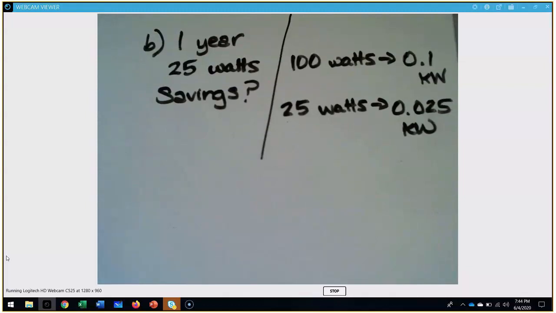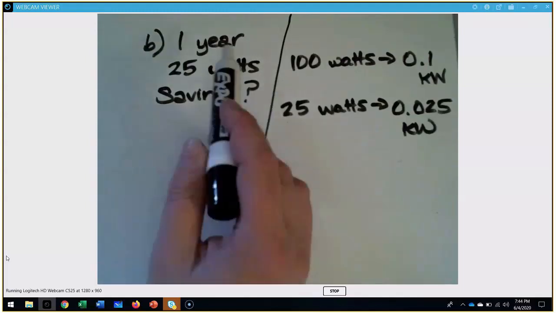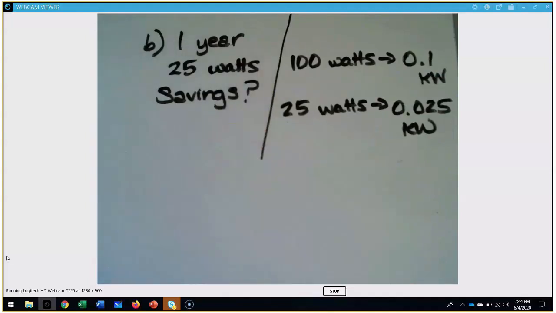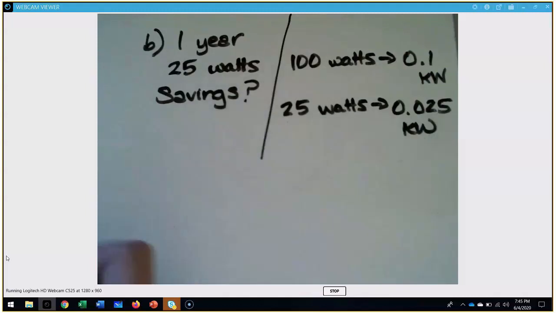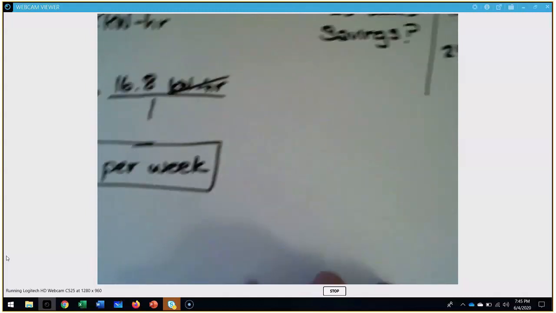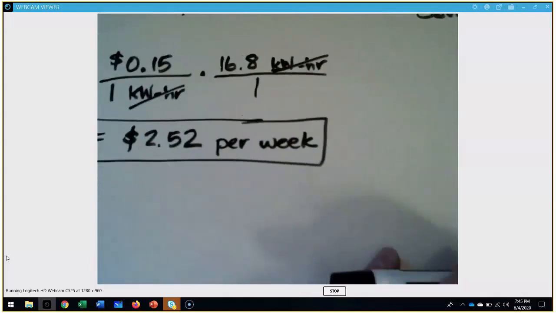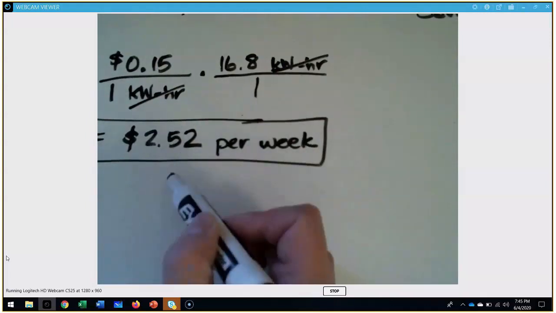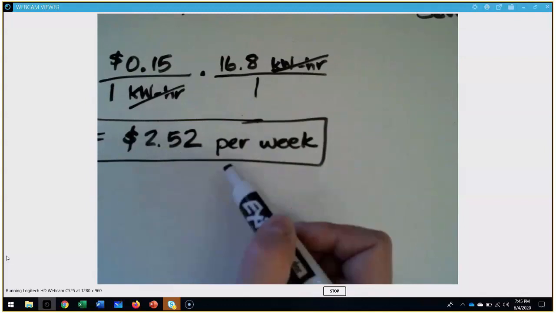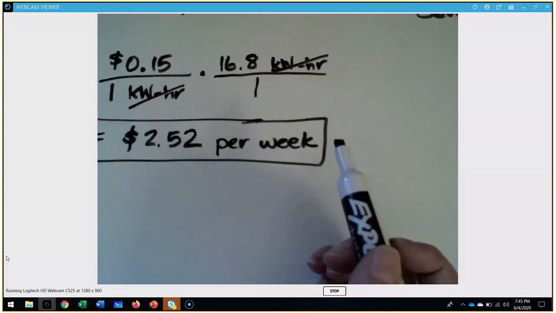Okay. Where were we? So in order to price compare this and to save us a little bit of work, I'm not gonna go through the year just yet. I'm just gonna figure out what would it cost to run a 25 watt bulb for 1 week, and then we could figure out the savings per week, and then we can change it to a yearly amount.